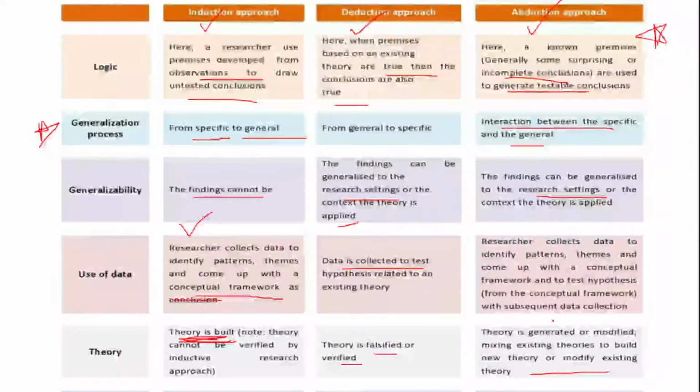So make sure that the points are properly understood and well cleared, and then you can come up with your statements, because we have to do statements here. We are going to take one question and, based on that, you have to answer it. I hope it is very clear.